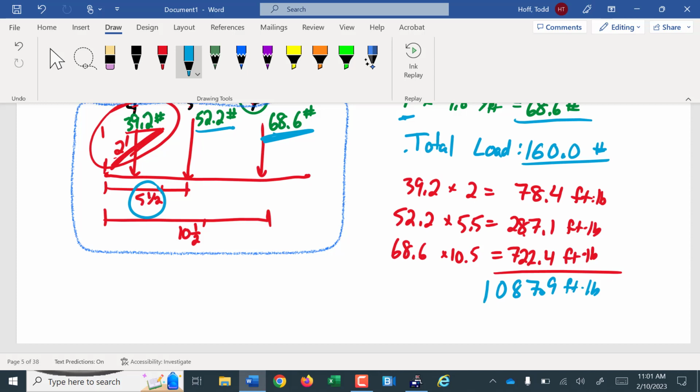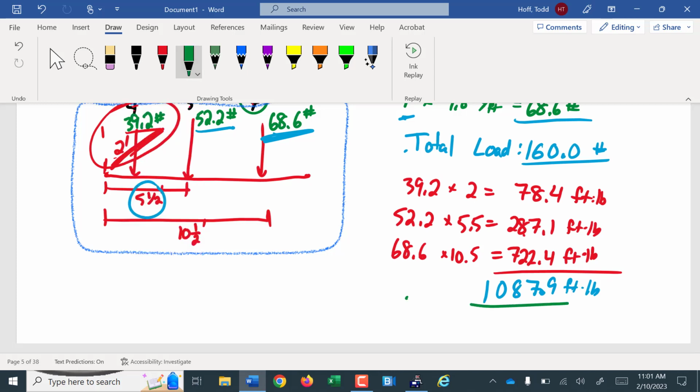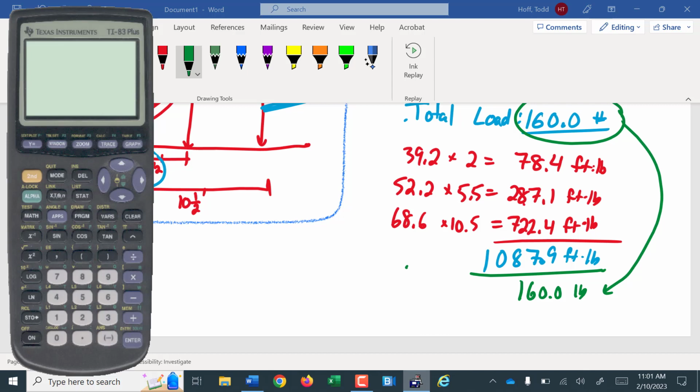Then what do we do? That's where we divide by the total weight. 68.6 times 10.5, 720.3 it is, actually.